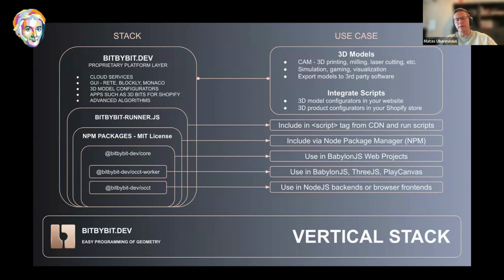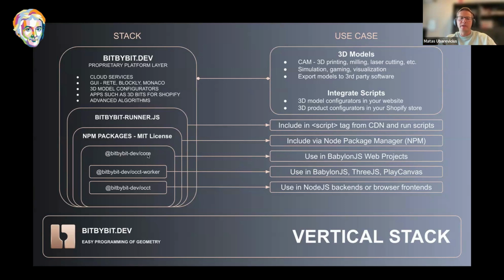So you can run the algorithms not in the browser, but in the cloud. You can, of course, use the OCCT worker in game engines that are not necessarily Babylon.js. We have some examples that use Three.js. We don't have PlayCanvas examples, but theoretically you could integrate draw methods for that and use it there.